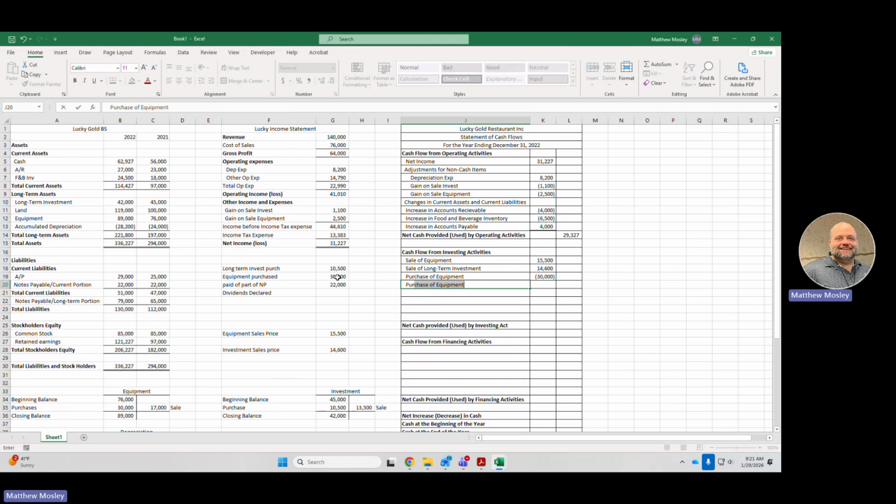We did some purchase of long-term investment. We had that there. And if we take a look, we purchased some land. Difference between that and that.